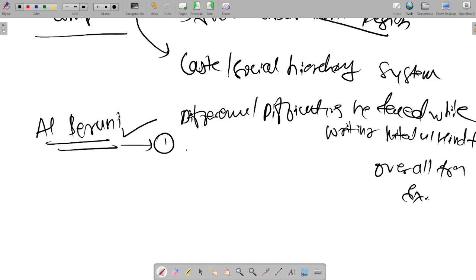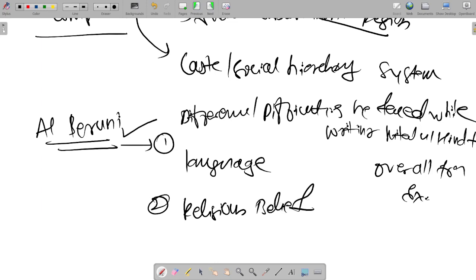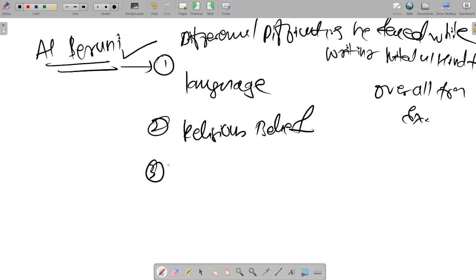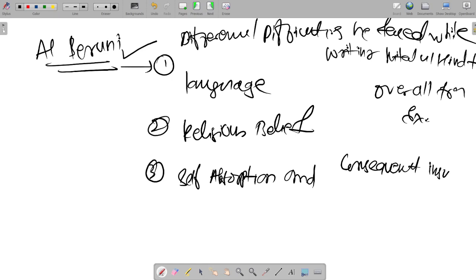The first hurdle he faced was of language, of course. The second was of religious belief. Third was surprisingly the self-absorption and consequent insularity.